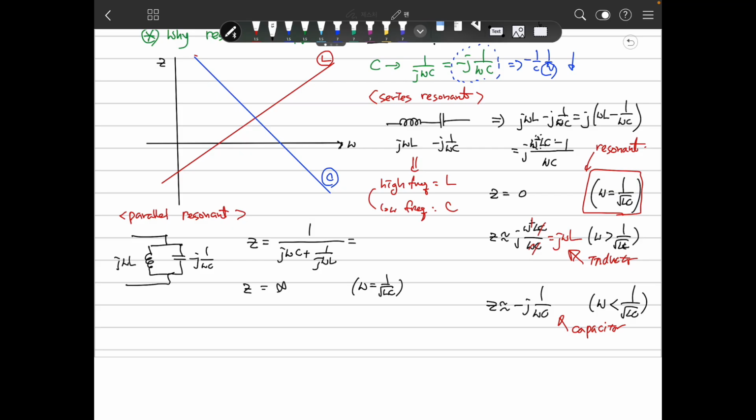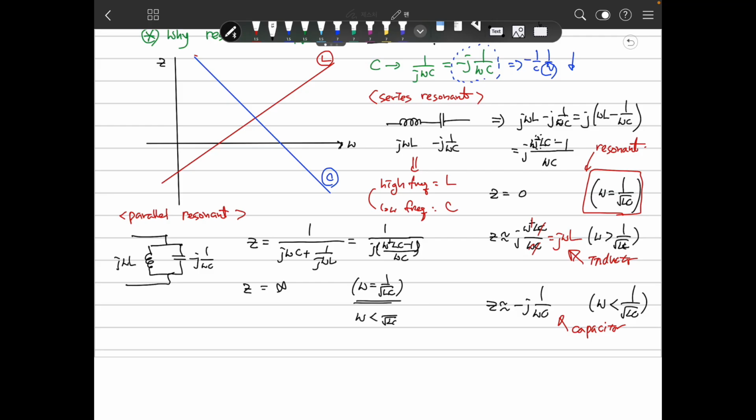Why? This is the same as j omega L over omega squared LC minus 1, so at this frequency the denominator is 0.